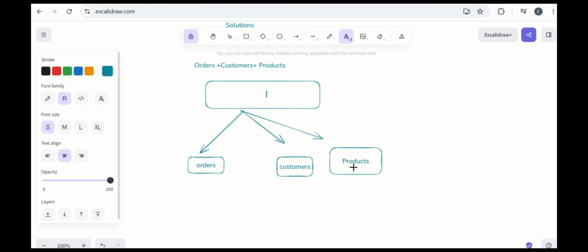So that means even these smaller tables, if there's data redundancy, we're also going to break them into smaller tables. For example, customer, we can also break it into a smaller table.